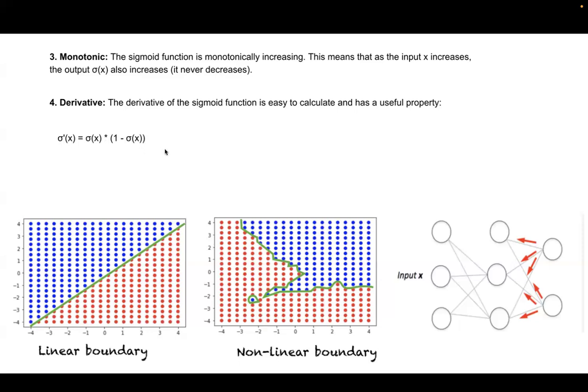It is this property of the sigmoid function that is very useful in backpropagation. Let me talk briefly about what backpropagation is. When you first start training the model, as you saw in the previous lecture, all the weights and biases are randomly assigned.